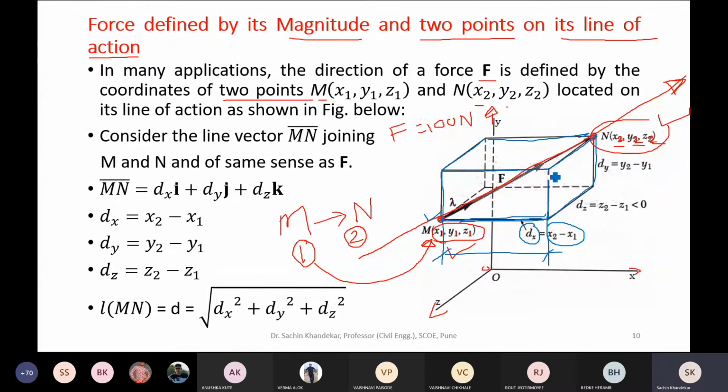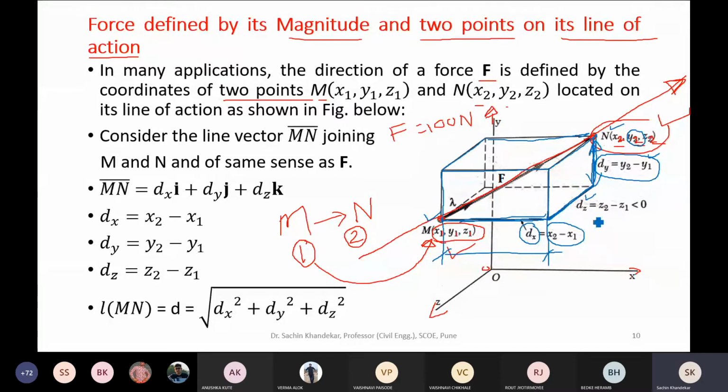Similarly, what should be the dimension along the y-axis of this cube? Let the dimension along the y-axis be dy. Of course, this dy is equal to y2 minus y1, where y2 is the y coordinate of N and y1 is the y coordinate of the first point M. Similarly, along the z-axis, let the dimension of this cube be dz.